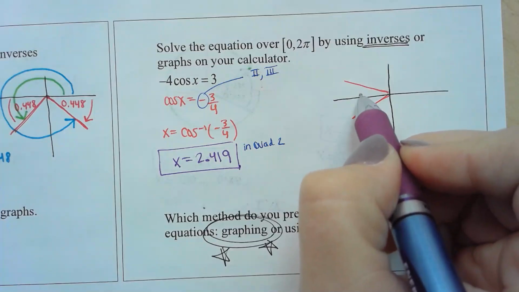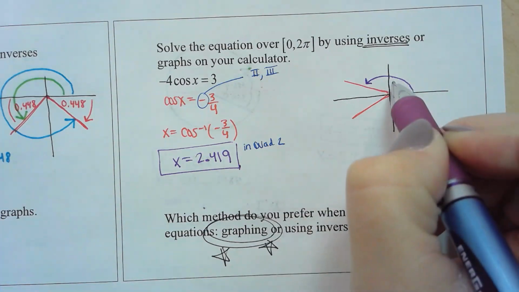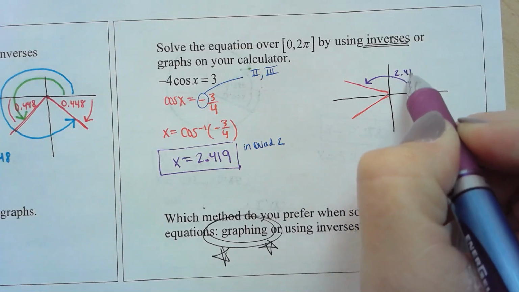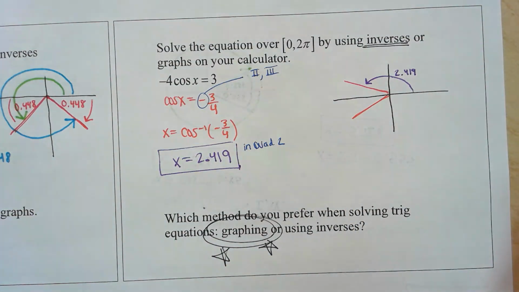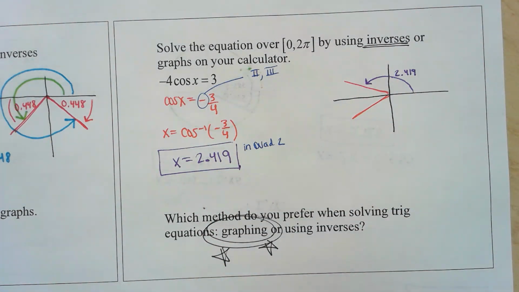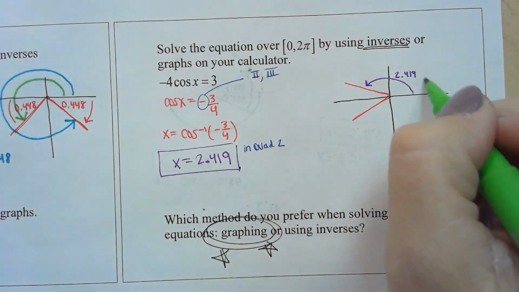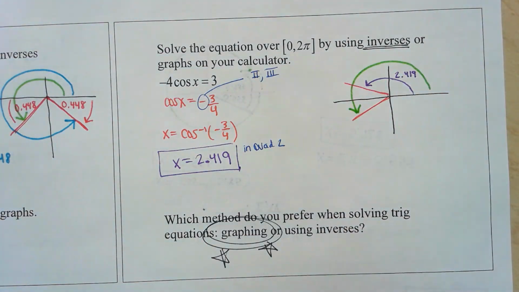But they didn't tell me how big this little slice is. They told me this angle right here is 2.419. I need to go find this big green angle.